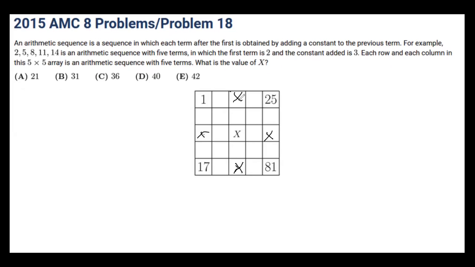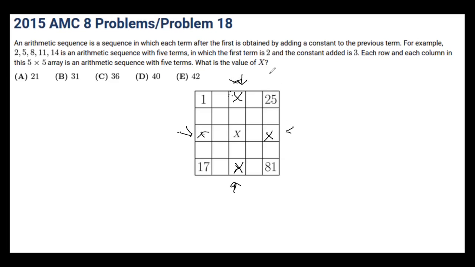Because we know x must be the average of the first and last term of their respective arithmetic series. So how do we find this term, or this term, or this term, or this term? You can calculate any pair, but I'll just choose this top one and this bottom one.